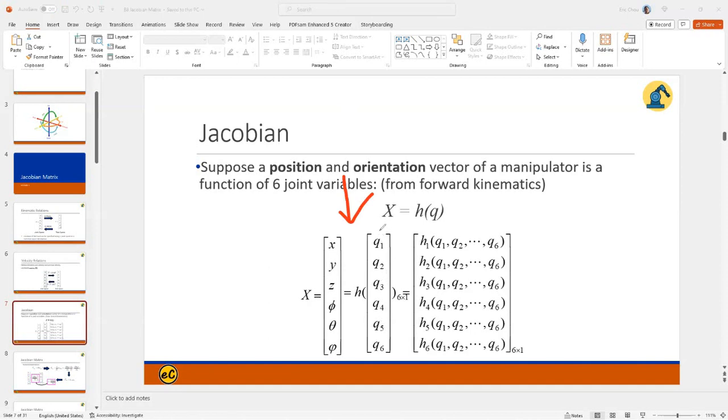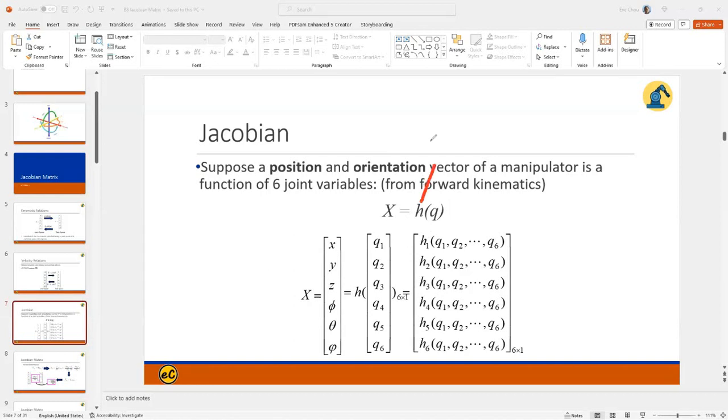These are the joint variables. For each of the six joint variables, you have a transform function that takes the joint variables as input, and the output is your x. This is an equation of the input and output relationship, so you set up the whole system of equations.